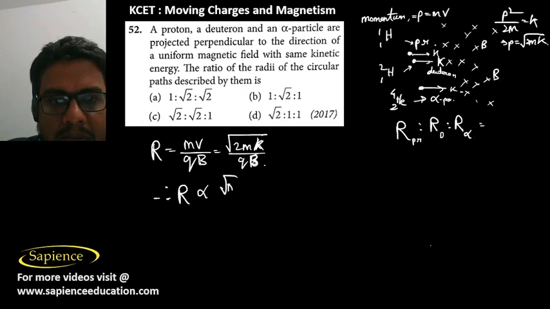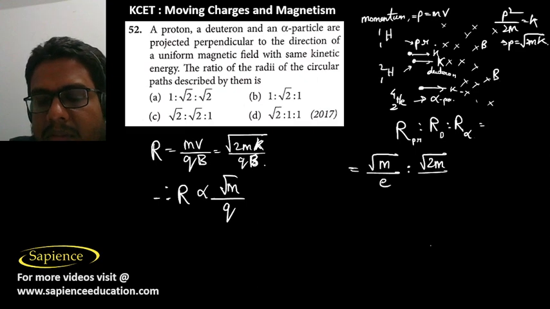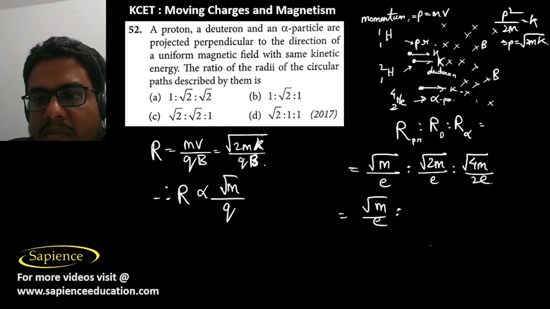So this is root over m by q. So this will be root over mass of proton m, charge e; mass of deuteron 2m and charge e; mass of alpha particle 4m and charge 2e. So this will be root over m by e, and this will be root 2 into root over m by e.